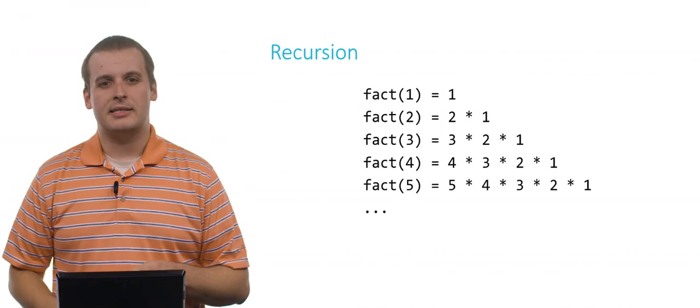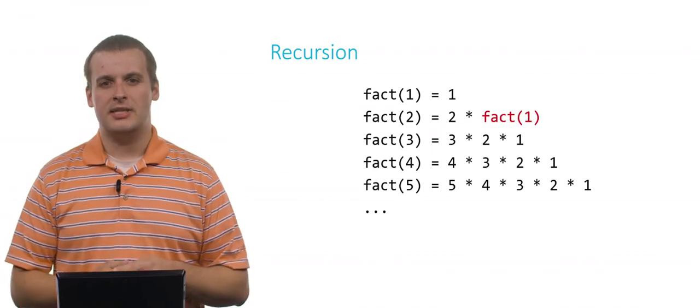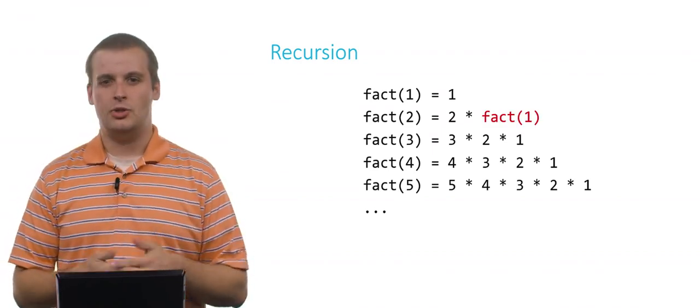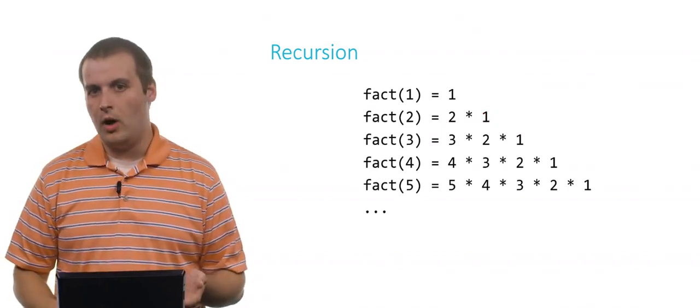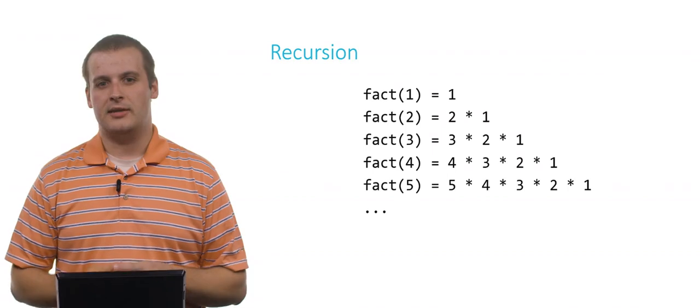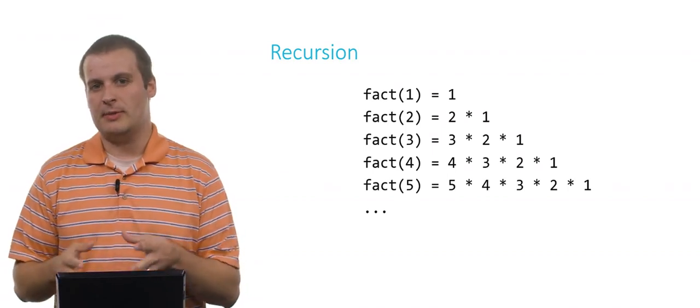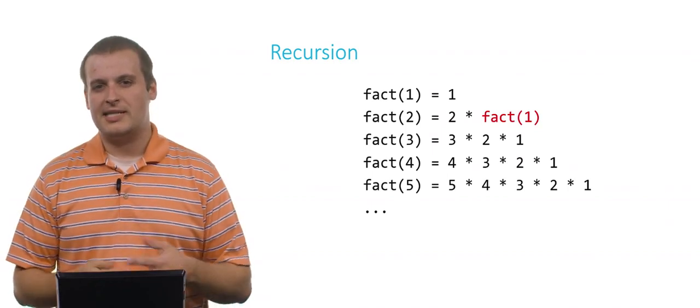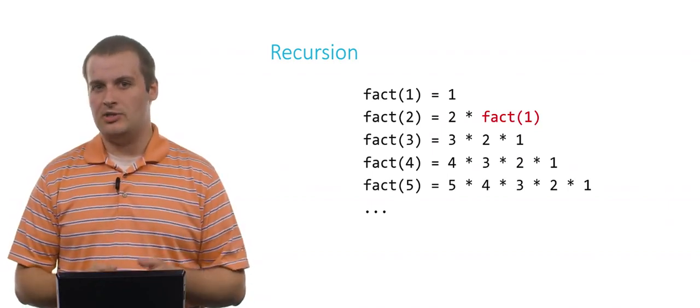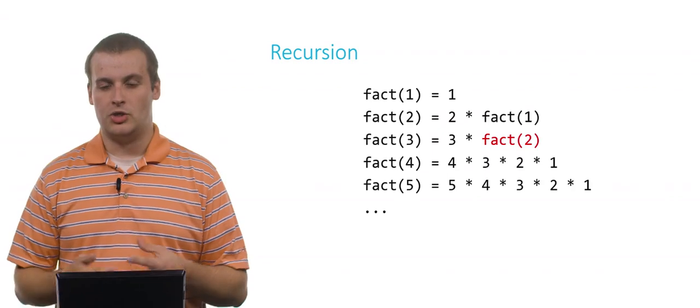But looking at this, isn't this true? Isn't factorial of 2 just 2 times the factorial of 1? I mean, the factorial of 1 is 1. So why can't we just say that since factorial of 2 is 2 times 1, it's really just 2 times the factorial of 1. And then extending that idea, isn't the factorial of 3 just 3 times the factorial of 2?